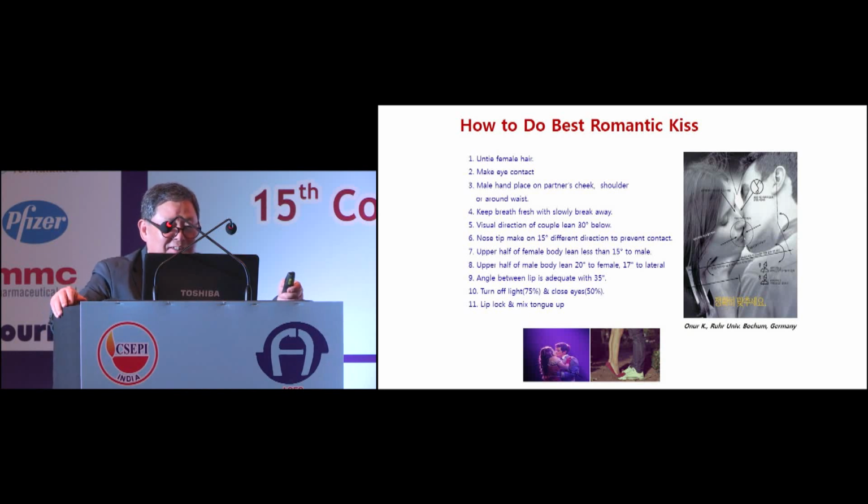Turning off the light is usually performed for the kiss circumstance in 75%. Closing the eyes usually at kiss time in 50%. Little lobe and mixed tongue ups usually in performing French kiss. This one is a very standardization of the best romantic kiss.